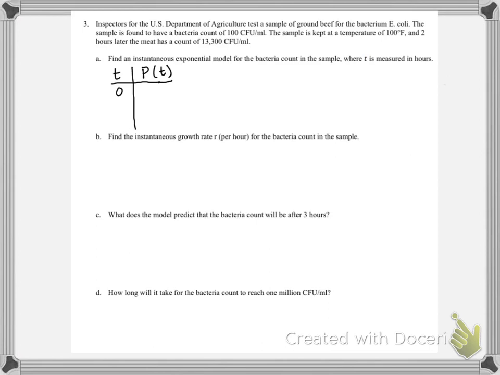We know that we start with 100 CFU, and after 2 hours, we have 13,300. So you guys go ahead and write your instantaneous model. So again, that's P of t equals Ce to the rt, using those 2 points. And in this case, round to 3 decimal places.